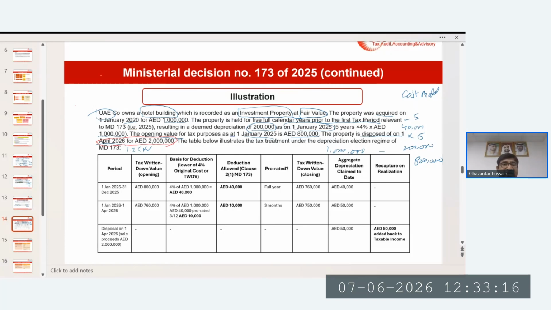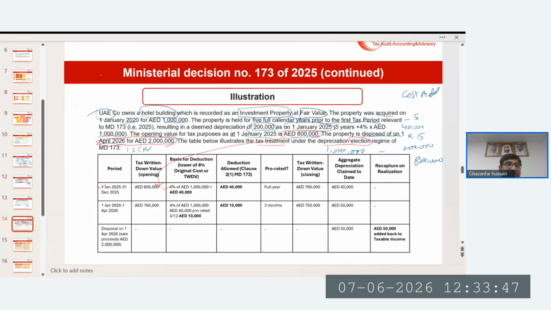The table illustrates the tax treatment under the depreciation election regime. Election: again, we may opt and we may not opt. Let's see what we said. In the scenario we took, up to 1st January 2025, the tax written down value is already given here. How it came up we also understand.